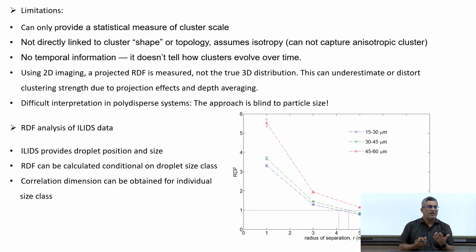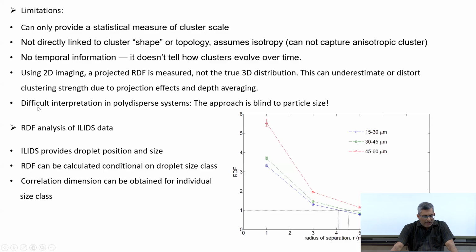In that case you have a projection of the particle image, because it is 2D imaging. So, this can also underestimate or distort cluster strength due to projection effects and depth averaging.